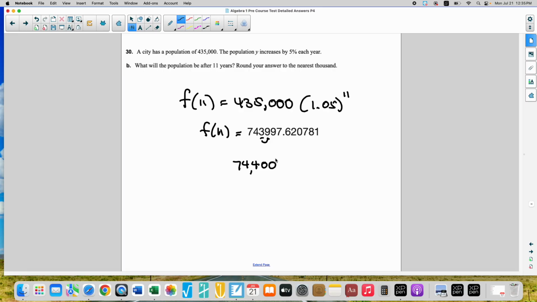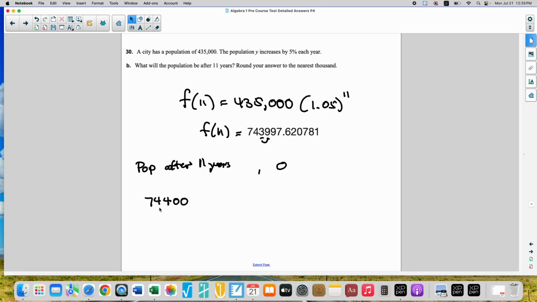So the population after 11 years is this many people.